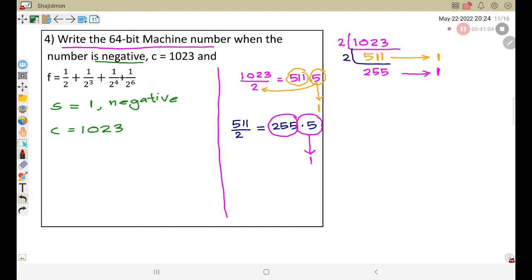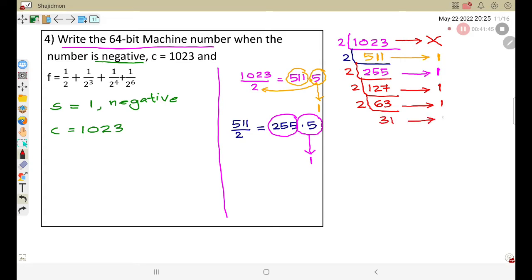Keep in mind the first slot here is empty; we start from the second slot. Now again divide by 2. 255 divided by 2 gives 127.5, so 127 we write here, 0.5 means 1. Now 127 divided by 2 is 63.5, 63 we write here, 0.5 means 1. Again 63 divided by 2.